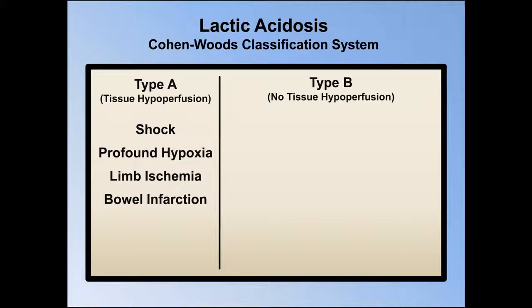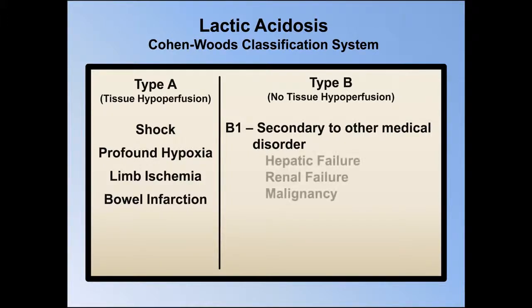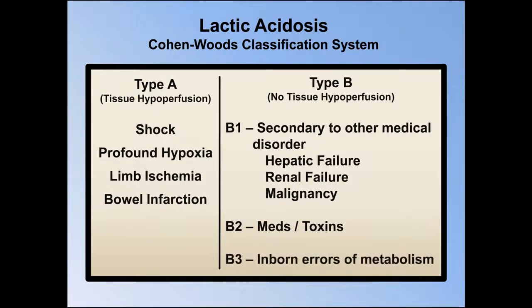Type B has further been subdivided into B1, which is lactic acidosis secondary to another medical disorder, most commonly hepatic or renal failure or malignancy. B2 is lactic acidosis secondary to medications or toxins. And B3 is that secondary to inborn errors of metabolism.